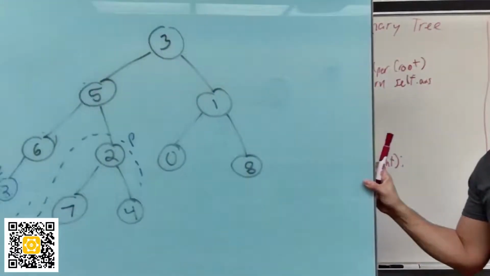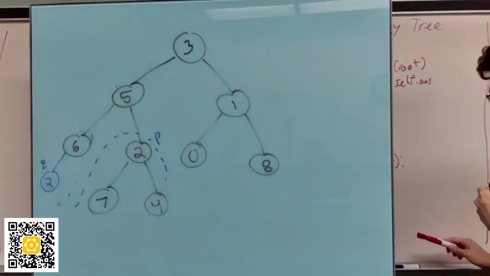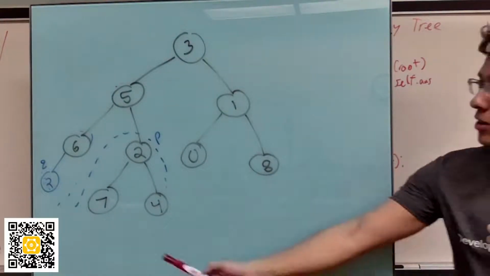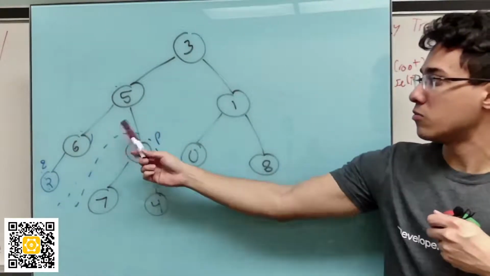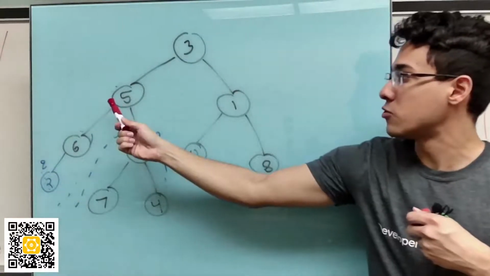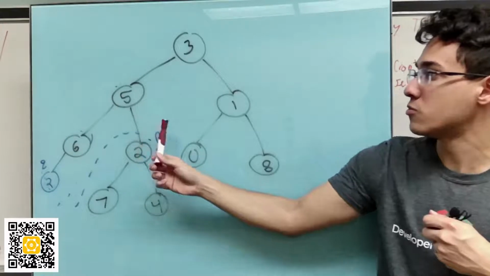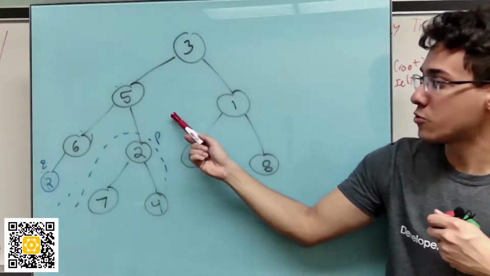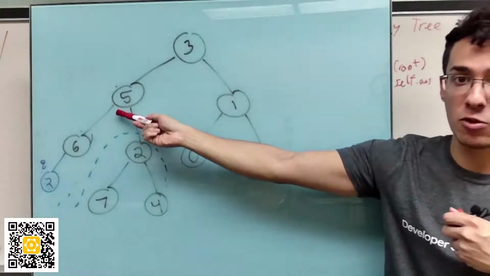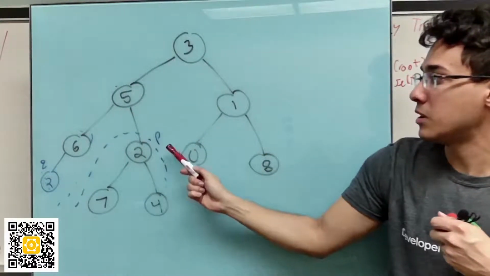Or at least arrows. So in this case, P and Q were here, and left was going to give true, right was going to give true. So left and right are both true, which means that this one is the lowest common ancestor of P and Q.